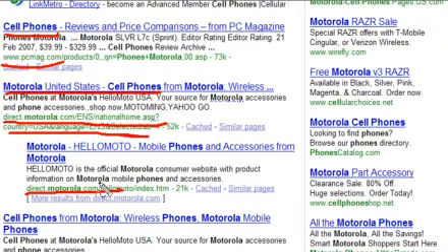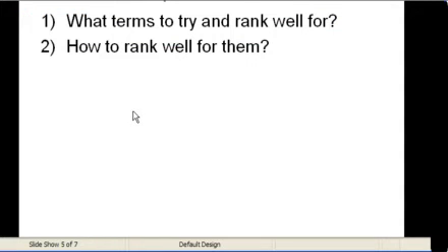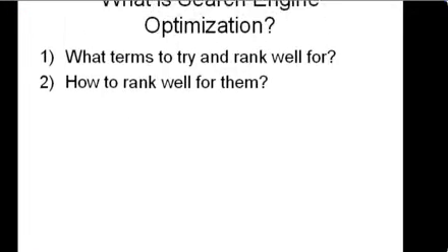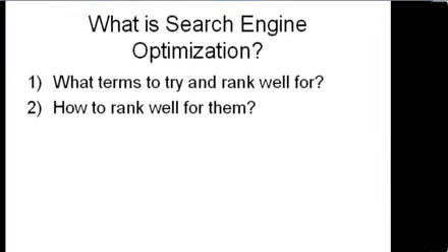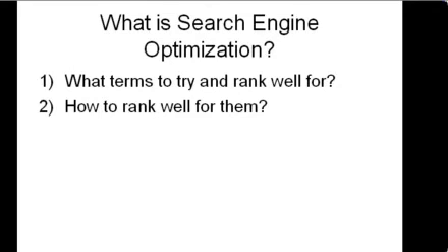What that indicates to us, and this is something important, is that, while you obviously know this, we have to look at it from a marketing point of view as opposed to a user point of view. The results in Google change based on the keywords. Well, that leads to two questions that we have to answer. And that is, we have to ask ourselves, what terms do we want to rank for?